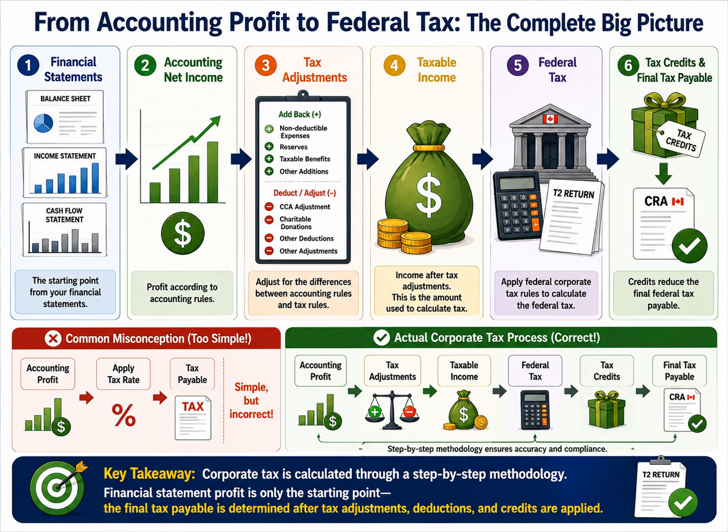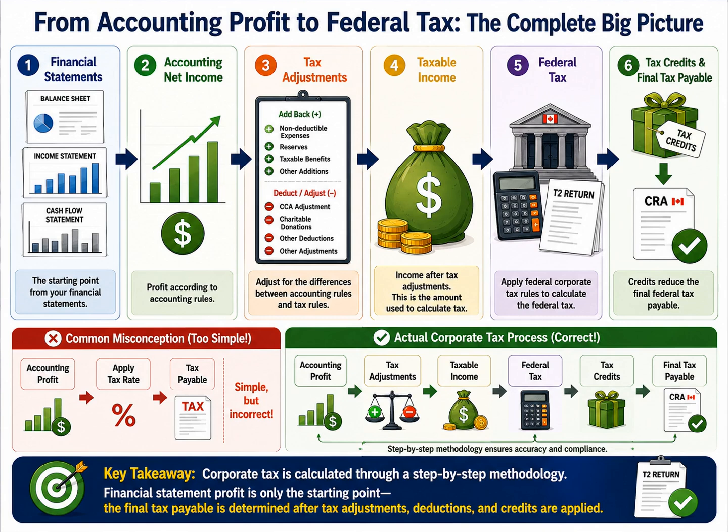Federal tax is then calculated by applying the applicable corporate tax rules to the taxable income. After the initial tax has been determined, any available federal tax credits are applied. These credits reduce the corporation's final federal tax payable, allowing eligible corporations to benefit from various incentives provided under the Income Tax Act. A common misconception is that corporate tax is calculated simply by applying a tax rate to accounting profit.